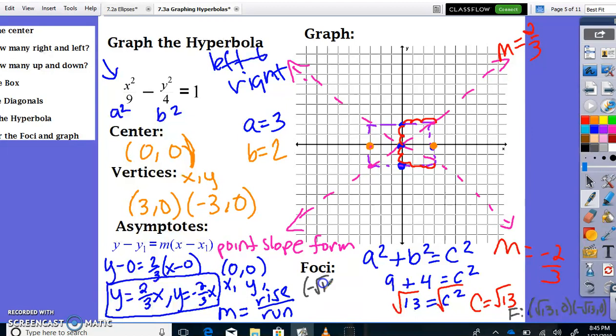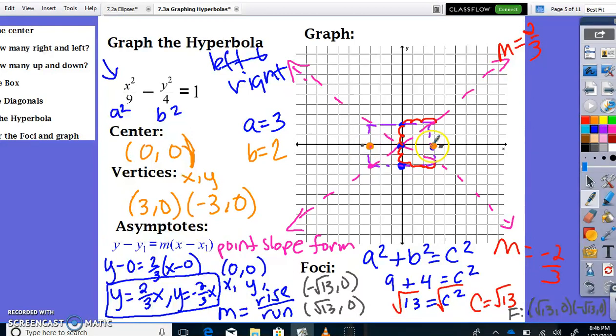So negative square root of 13, 0, and square root of 13, 0. Now the square root of 13, to graph that, you're probably going to want a decimal. So the square root of 13 is approximately equal to 3.6. So that's 3.6 and negative 3.6.